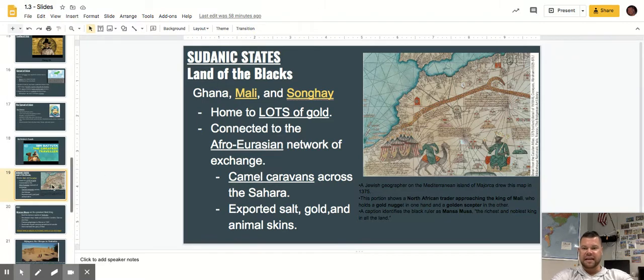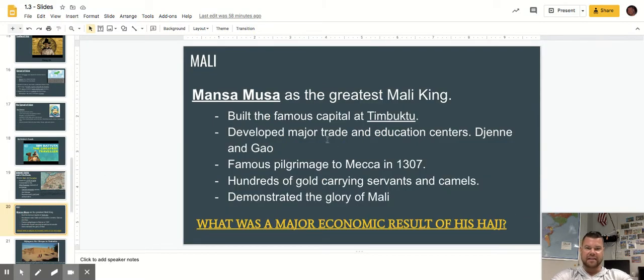And their key guy in that is a guy named Mansa Musa. Okay, he took a Hajj and built this capital of Timbuktu as like the famous world center. I mean, Timbuktu was considered to be one of the absolute glorious cities in all of the world during the time period because it was a cultural center.